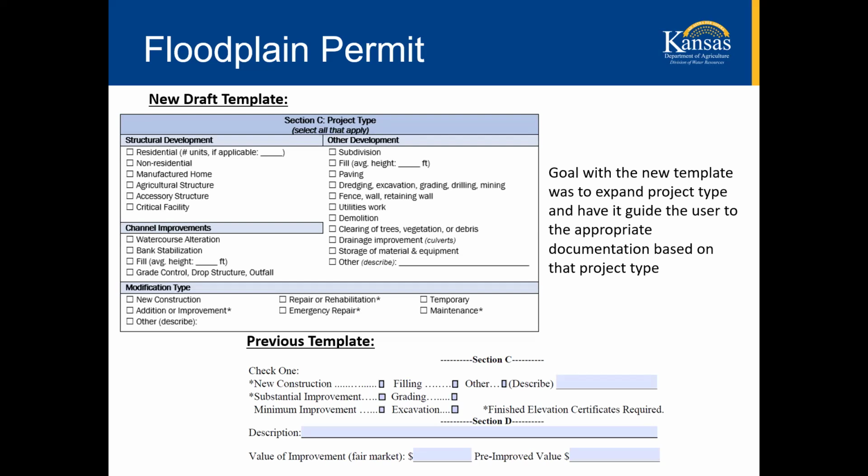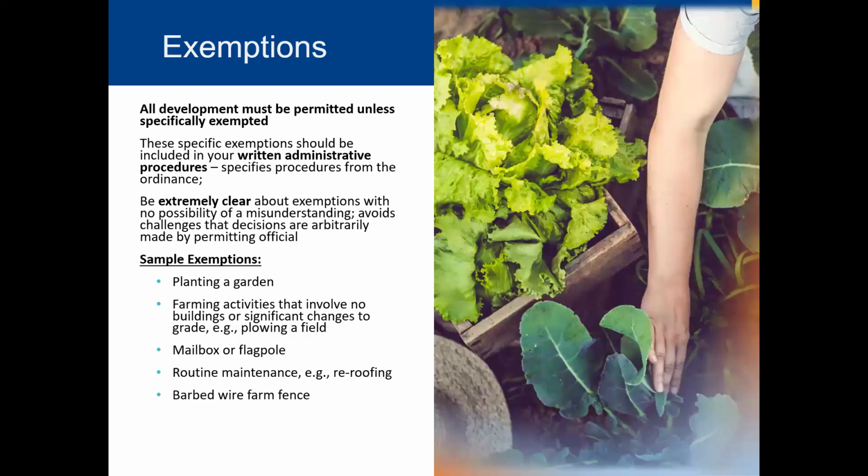So we wanted it to be more guided just to help new floodplain administrators. The previous template we had down here where you fill it out, but it doesn't guide you through what the requirements are. So there's a lot more instruction and information on the new permit template.